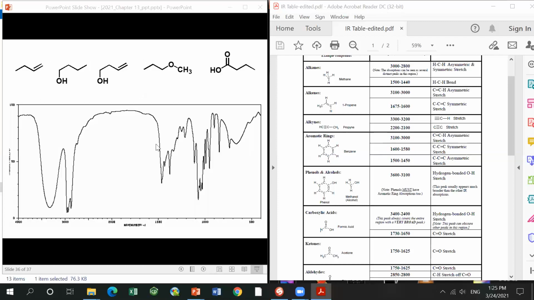Then we move to a little bit harder one. I call this type of question the matching question. Normally it gives you one IR spectrum and a bunch of candidate molecules, and asks which of these molecules gives the IR spectrum below. You can take a try.